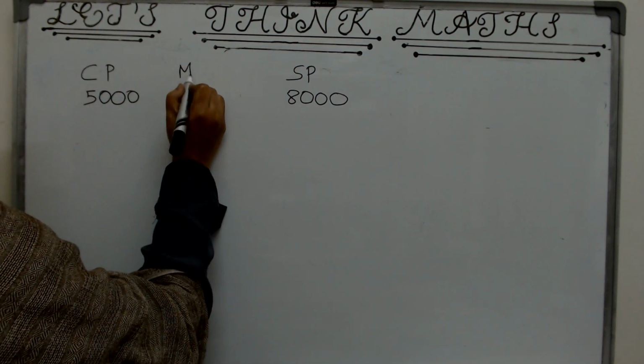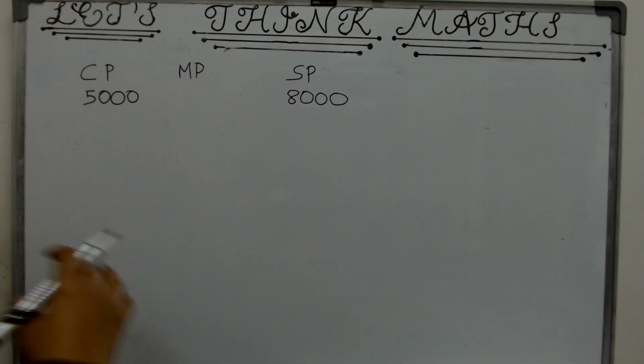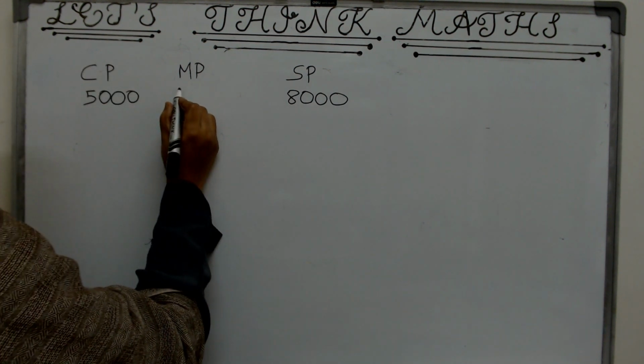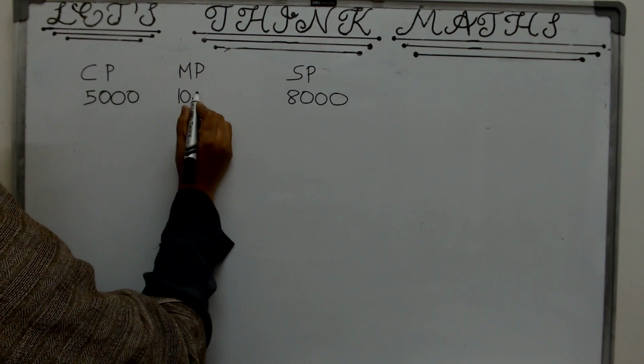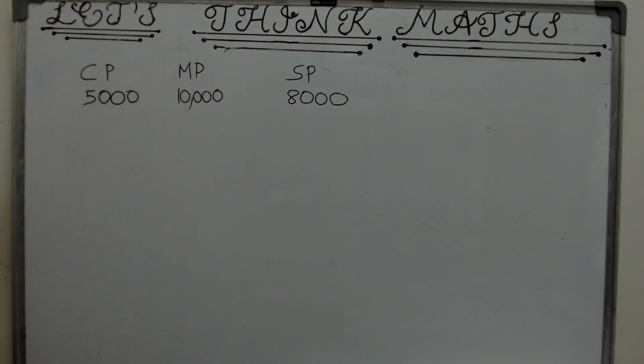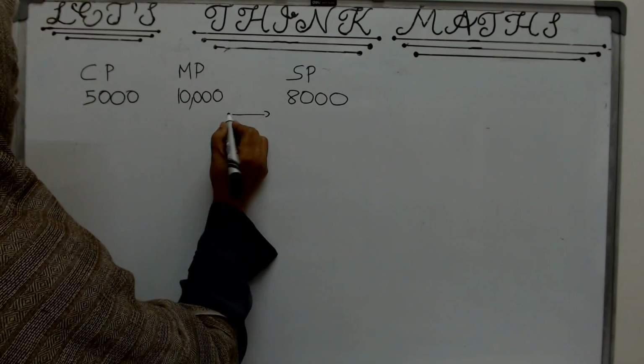He puts up something called the marked price. In flashing lights and in bold font, he puts up the marked price, and he says that this table is actually worth 10,000, and because it is a special occasion, Christmas or Eid or Diwali or whatever, I am giving you a discount.